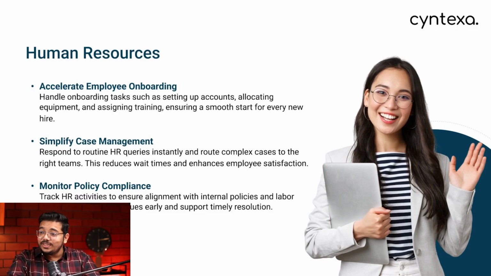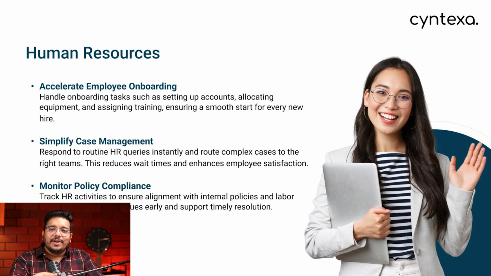Then we have human resources, as we specified. Let's say we have hundreds of employees being onboarded within our company. We have a lot of things that we want to do with them. So you simply create a record saying this particular person is joining our company, and then multiple AI agents can come in and pick it up. The HR agent will pick it up and say we need to start processing our onboarding checklist, we need to give him access to this particular thing, we need to put him into this particular training.